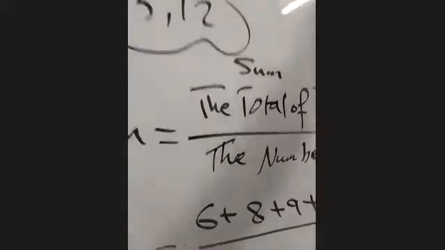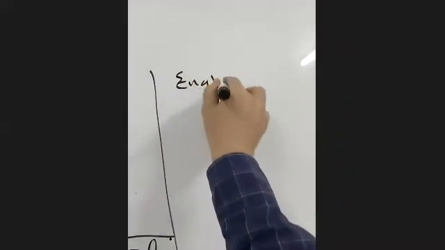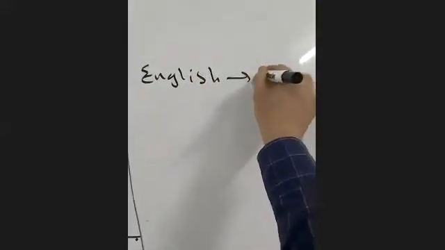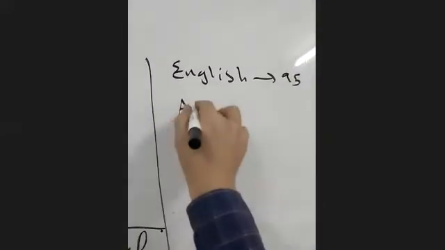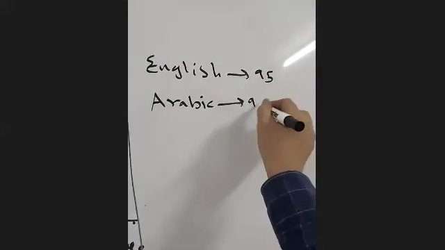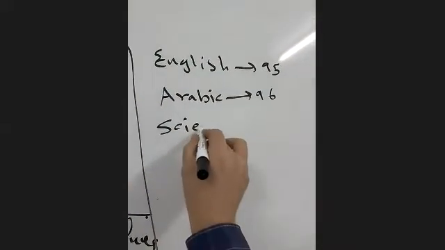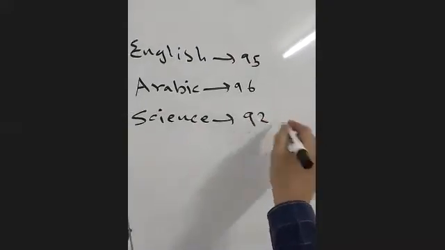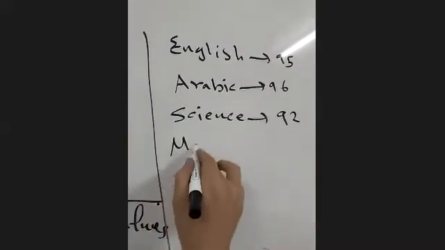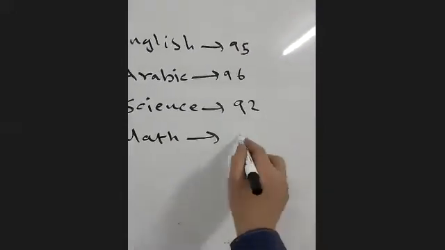For example, if you get in English 95, in Arabic, let's say 96, in science, let's say 92, and in math, I'm talking about your grade here, let's say 84.